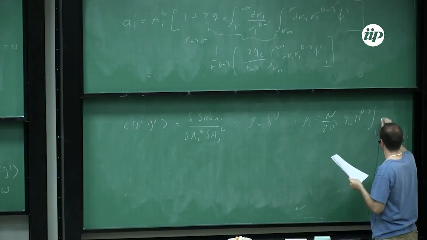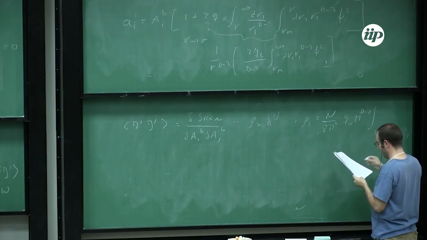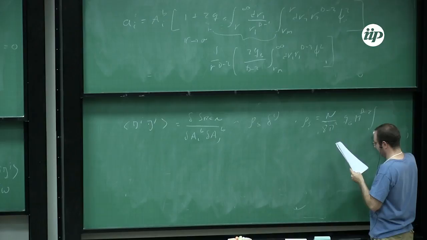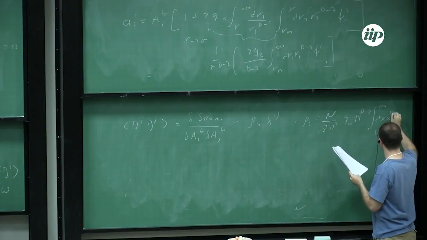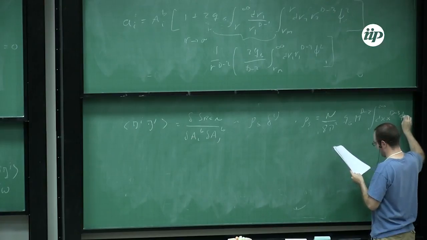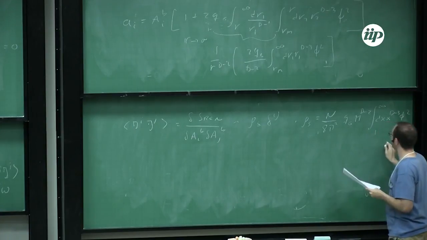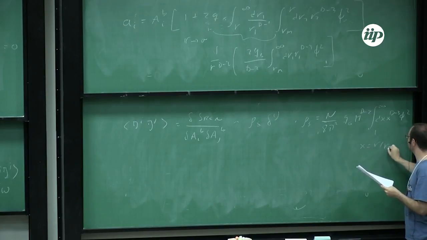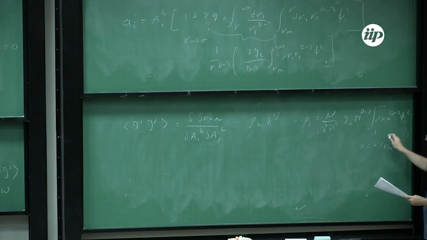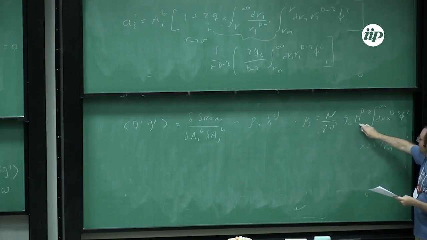Okay, so it depends. Here I'm making a change of variables, rescaling the radial coordinate. I just took x to be r over r_m. So this doesn't depend on r_m. All the scales are here.